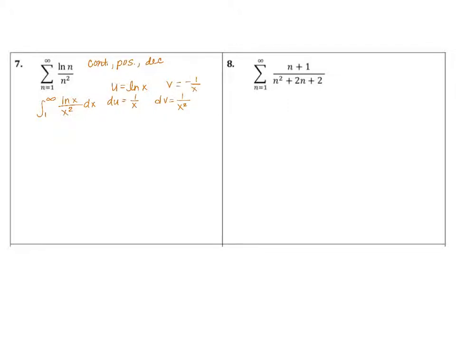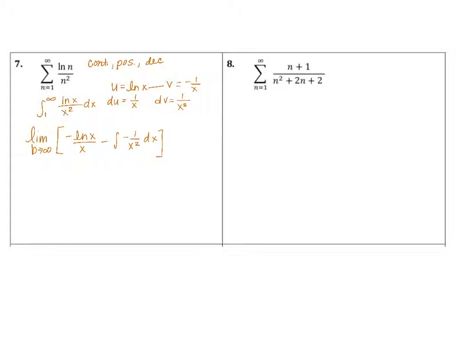And so here we're going to have the limit, because now we've got to adjust our improper integral, and we're going to use b approaches infinity. When we integrate that, I'm going to make a big bracket here. We've got uv, so negative natural log of x over x, minus the integral of v du, so that's negative 1 over x squared dx.